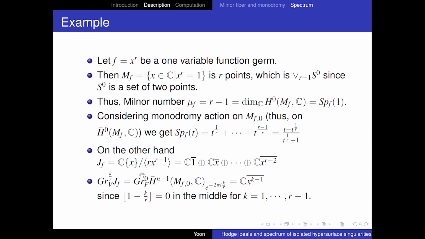Now, in the previous slide, I said this graded piece is the same as this graded piece. So that exactly corresponds to this generator at k minus 1. Okay, be careful here. x^k is not x^{k-1}. You will see why that happens.